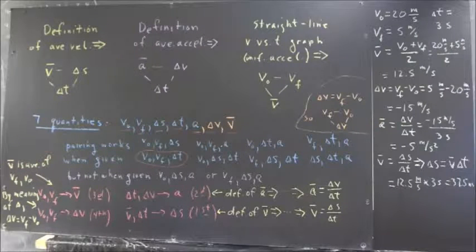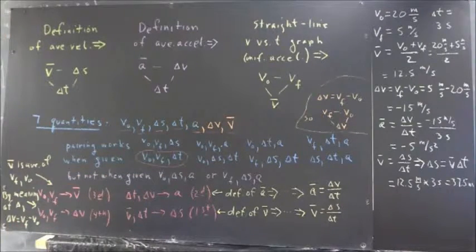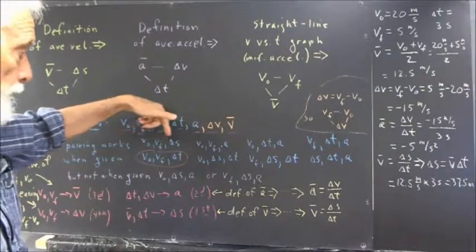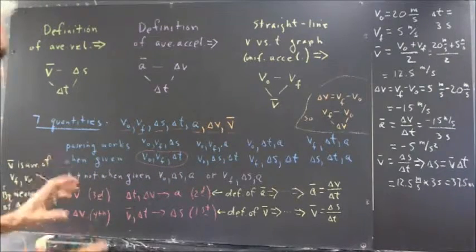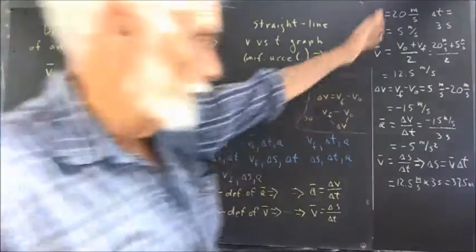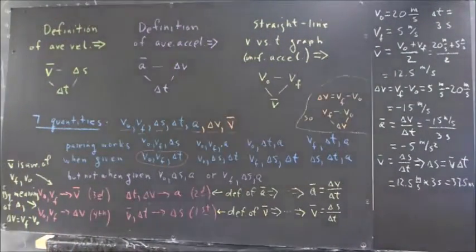Okay? Now, we do the example where we're given V0, VF, and delta T. I kind of pointed to what we do for V0, VF, and delta S, but I've written this out in more detail to show the entire process, including how we apply it if we're given a set of actual quantities.